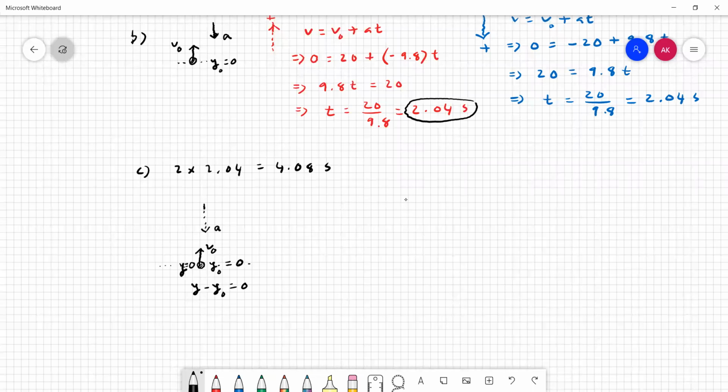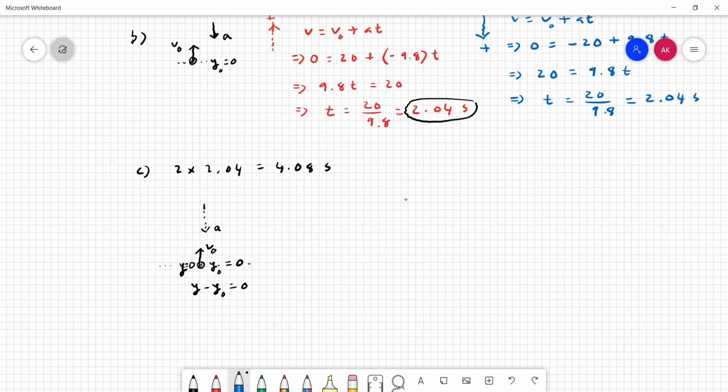When it's coming back down, striking the ground, what velocity will that be? Would it be 0? Try to think about that.